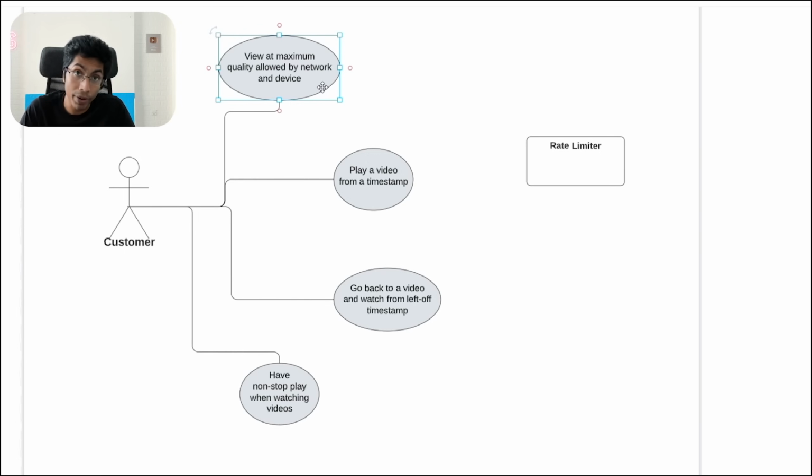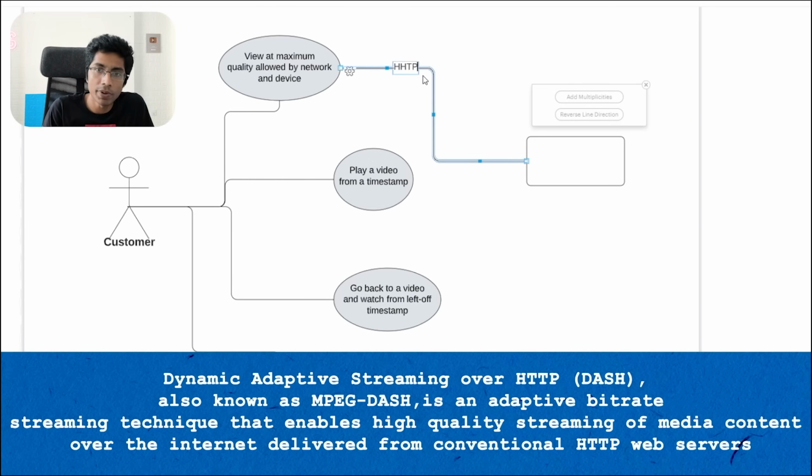An adaptive bitrate protocol is going to handle this. HTTP DASH will handle it. So we'll assume that this entire service, which was going to look at the user's requirements and then offer them video at particular bandwidths, can be taken care of by a simple protocol. So this rate limiter does not need to exist. Instead, whenever you're connecting to our system, it's going to happen over HTTP DASH.